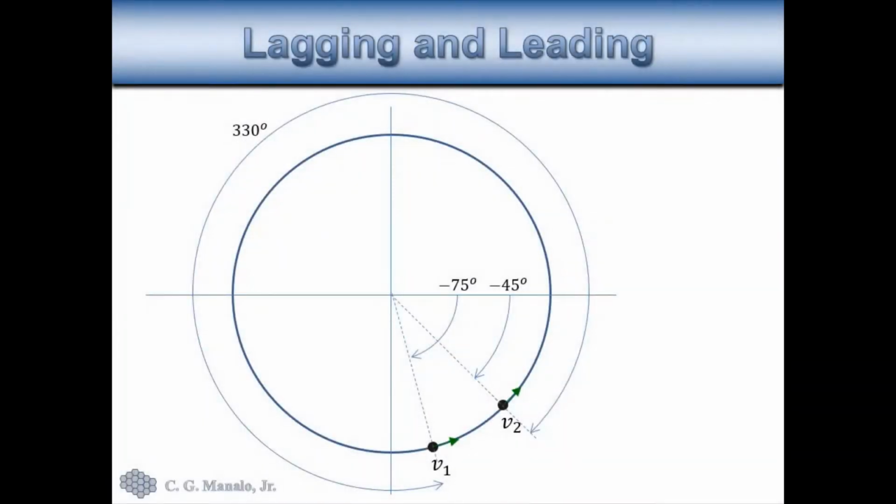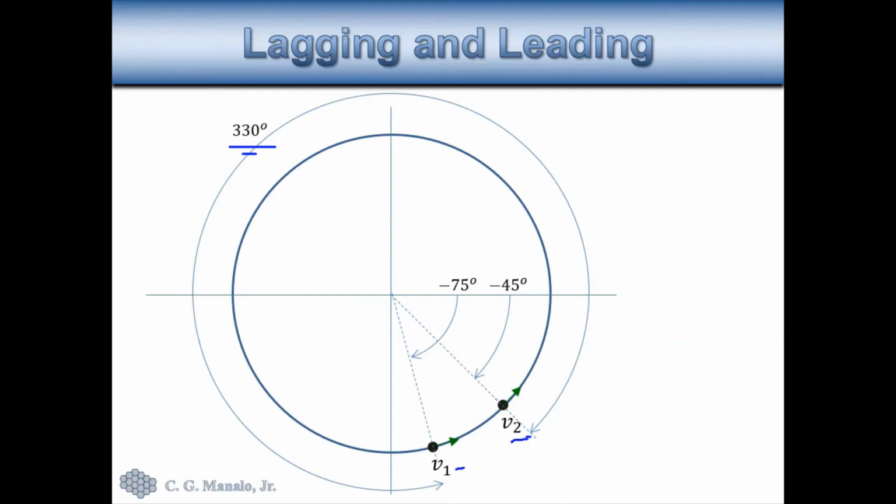Now there's another interpretation for this comparison, however, because we could also say that V sub 1 is leading V sub 2 by this much angle, and V sub 2 is the one that is behind V sub 1 by this much angle.